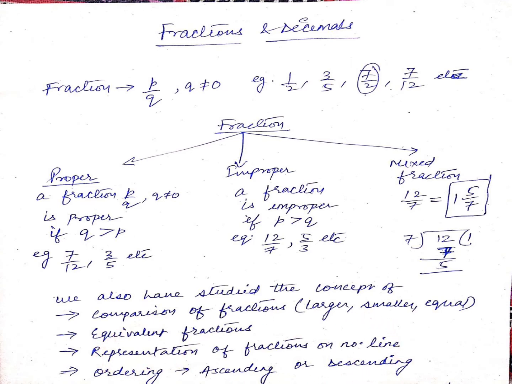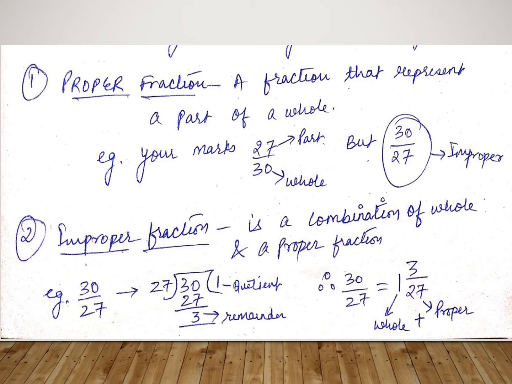Now, first, the definition of proper fraction. A fraction that represents a part of a whole is known as a proper fraction. What do we mean by this? Whole means complete, and part is some part of that complete. Like you get marks in an examination, you say I have got 27 out of 30.